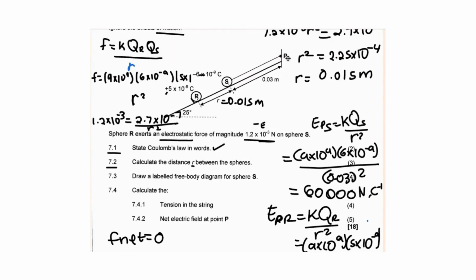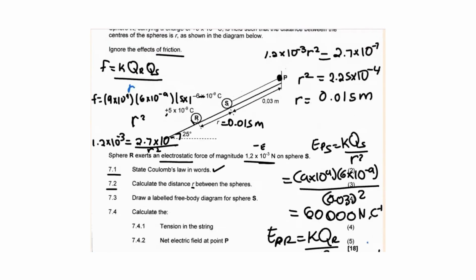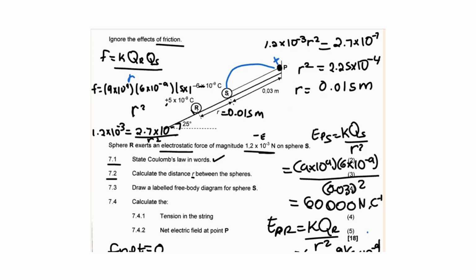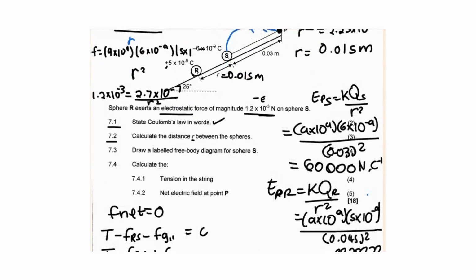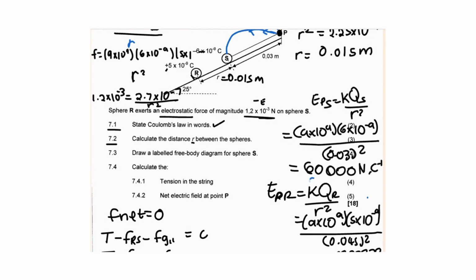We also need to consider direction. Remember, P is just a point, so we use a positive point charge to say P is going to be positive. So between S and P we expect attraction, and it would mean that we expect the electric field to be pointed towards S. Because it's down the slope, when I put it there I'm going to write it as negative.